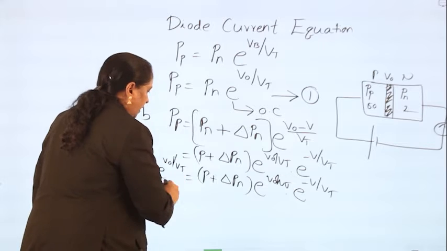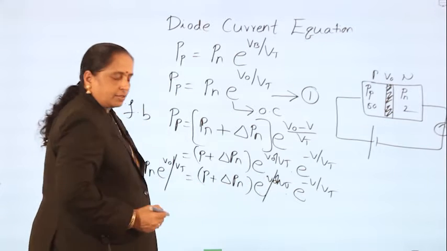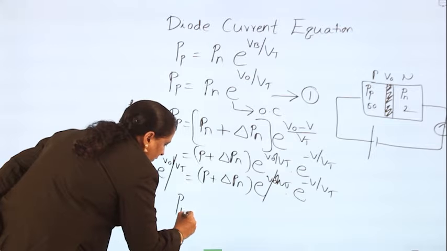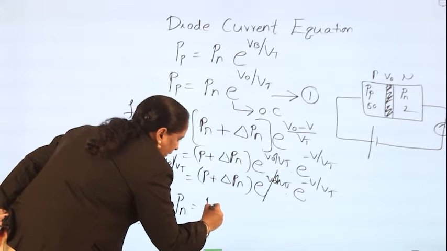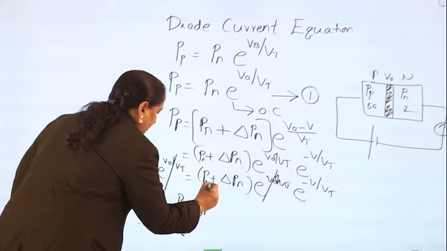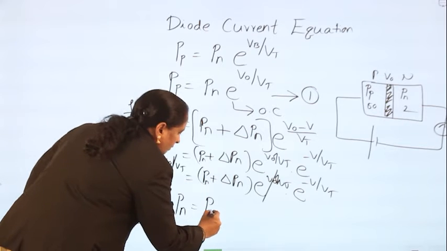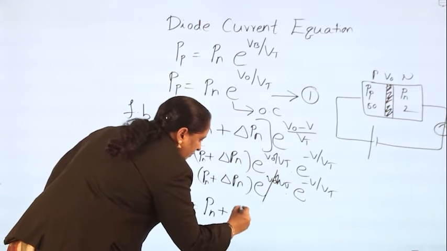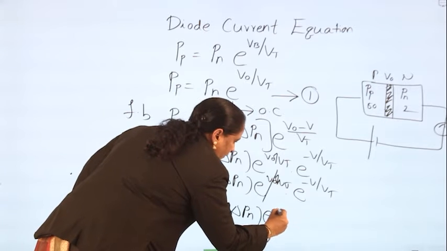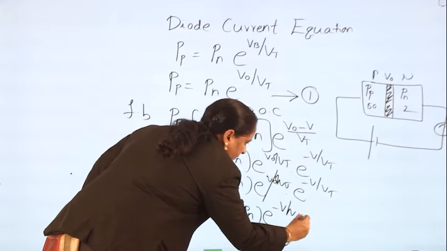So on both sides you can calculate this term. Now Pn is equal to Pn plus delta Pn into e to the power of minus V by Vt.